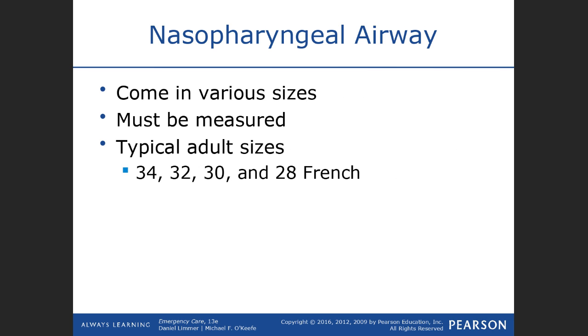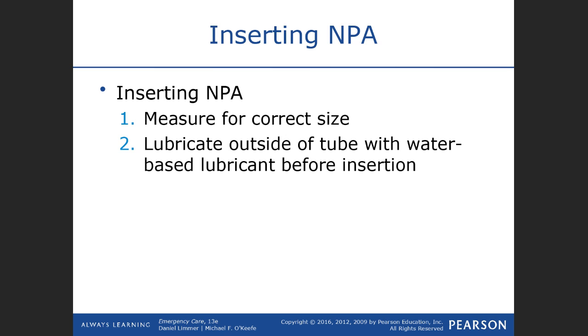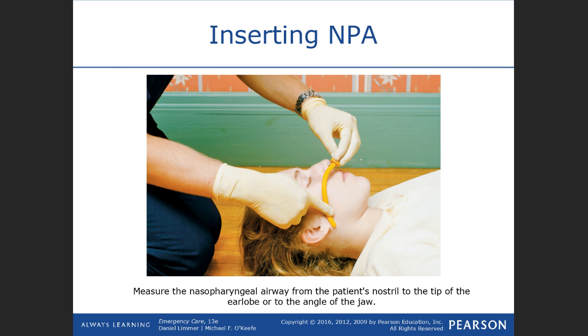Come in various sizes, must be measured. Typical adult sizes 34, 32, 30, and 28 French. Inserting the NPA, we will measure from the tip of the nose to the earlobe, in the position of function, how it will fit when inserted.